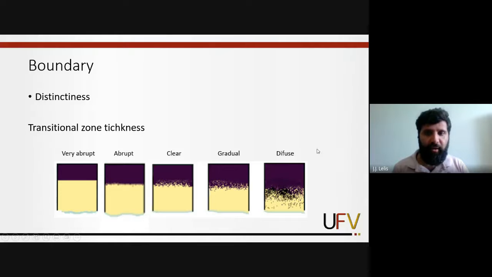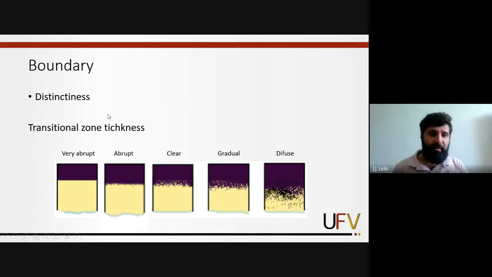And gradual and diffuse boundaries are boundaries that we can see in well-developed soils, like oxisols, ferrosols, or ultisols, soils that are very developed and very bioturbated by ants, roots, and several other organisms.